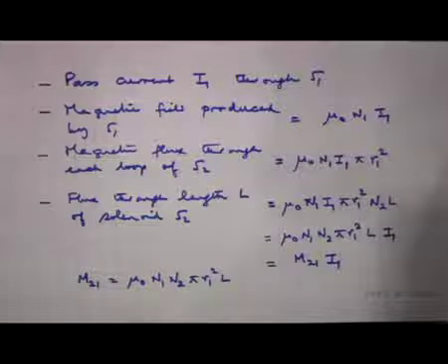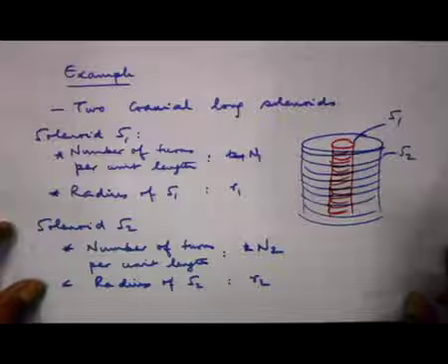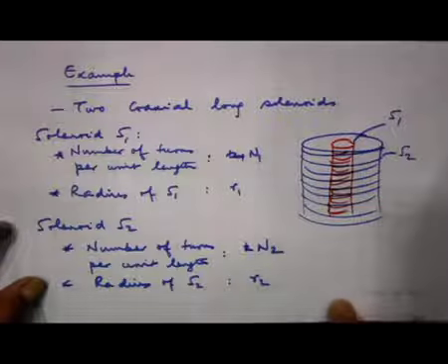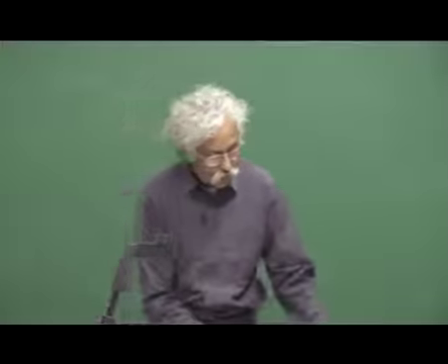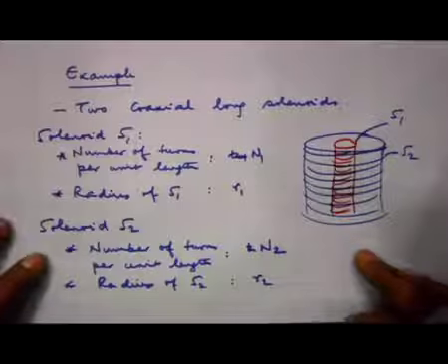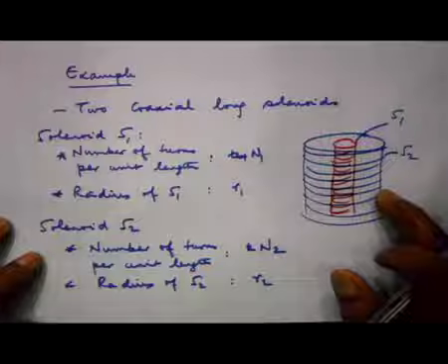Now, what happens if I pass a current through the outer solenoid instead of the inner solenoid? I can also associate a flux enclosed by S1 because of a current in S2, and then I will get another mutual inductance.